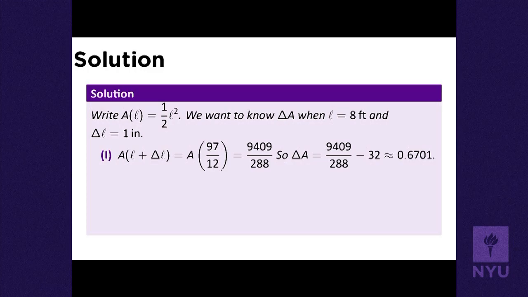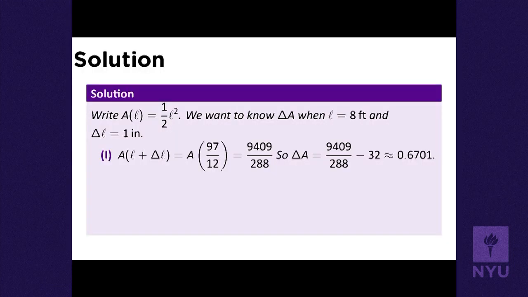So the subtraction method would be to plug in L plus delta L, that is 8 feet plus 1 inch. If you do the fractions, that's 97/12 feet. 1/2 times 97/12 feet is 9,409 divided by 288, and that's in square feet.